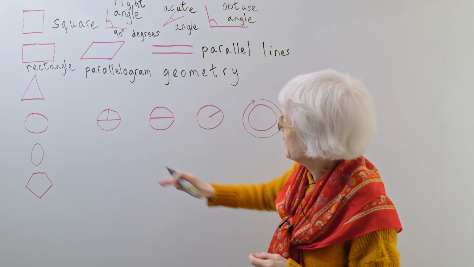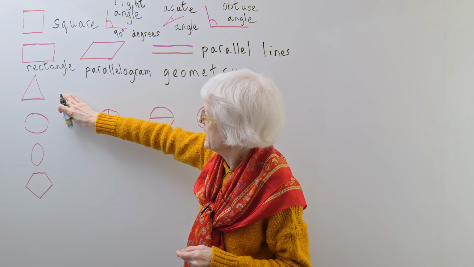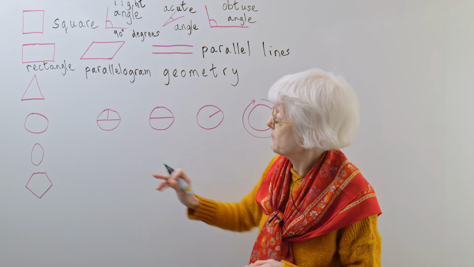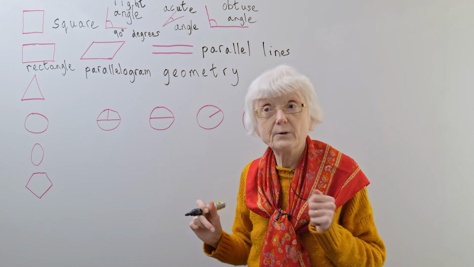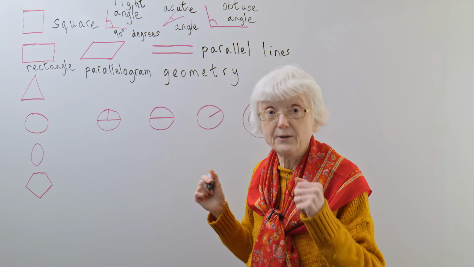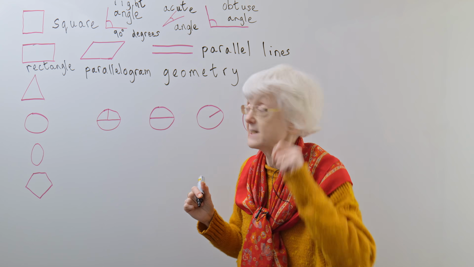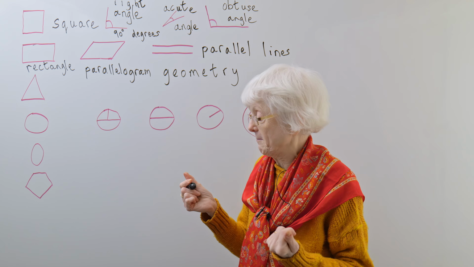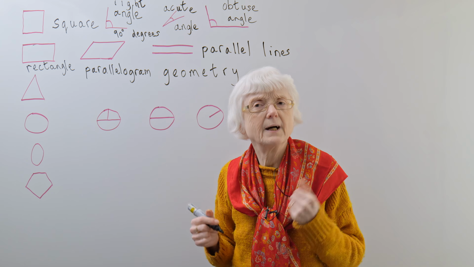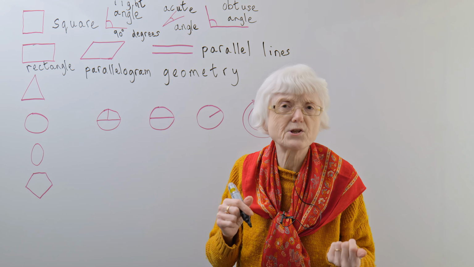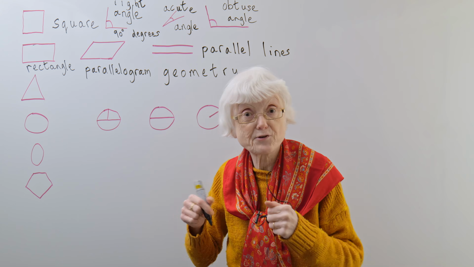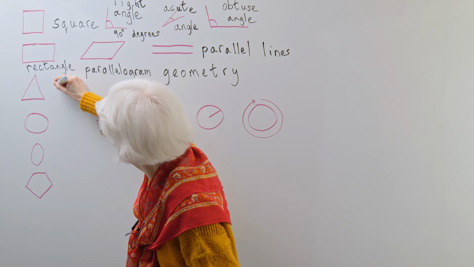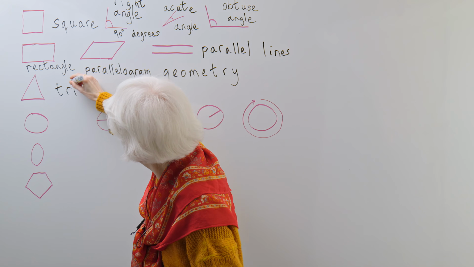So, moving on, we have this one here. So instead of 4 sides, we have 3 sides for this one. So that's a clue to the word that you use to describe it. So there's another word meaning 3. If you have a bicycle, it has 2 wheels, a tricycle has 3 wheels. So tri means 3. Tri.